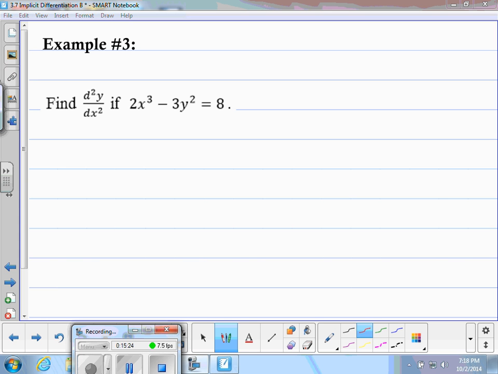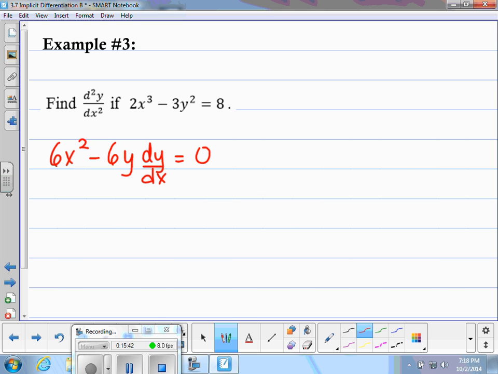All right, example 3 is going to work the exact same way. I'm finding the second derivative. This is an implicit equation. So 2 times 3 is 6x² minus 6y, but because I derived y, dy/dx equals 0. Okay, so I want to isolate the terms with dy/dx's on one side, and the rest are going to go to the other side.